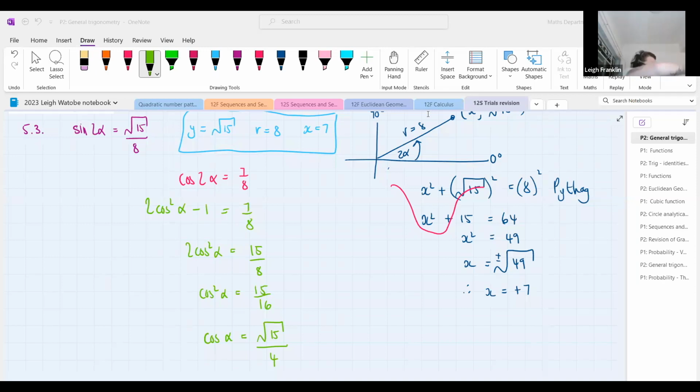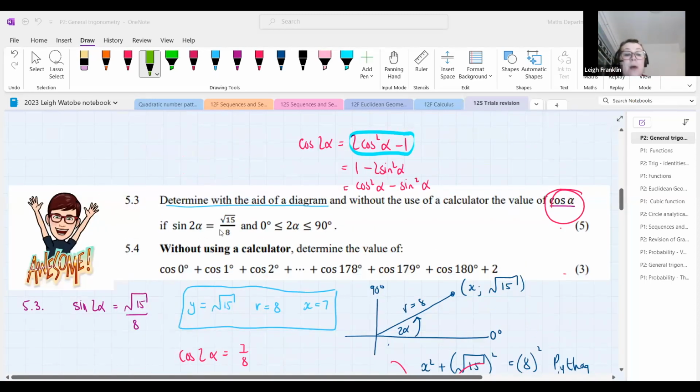If they give you a double angle, like they did in this case where they gave us sine 2 alpha, and they want us to go back to either cos alpha or sine alpha, from a double angle, we've got to use cos 2 alpha to do it. Because cos 2 alpha is the only one that can be written in terms of either cos alpha or sine squared alpha.